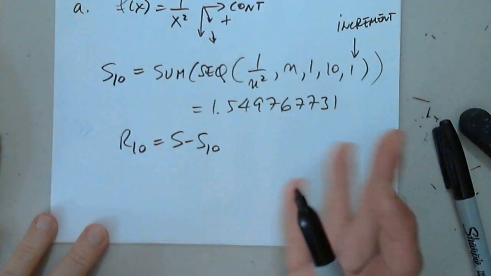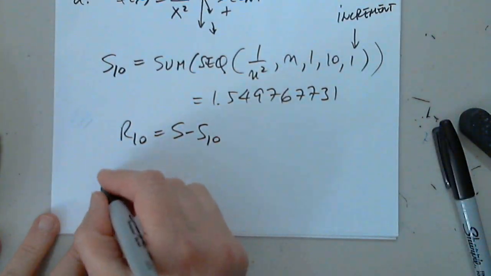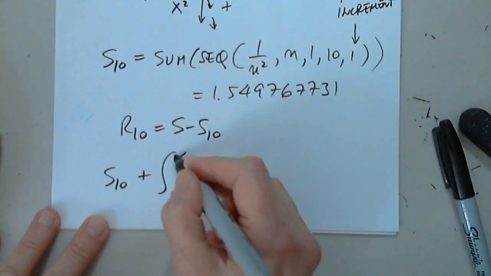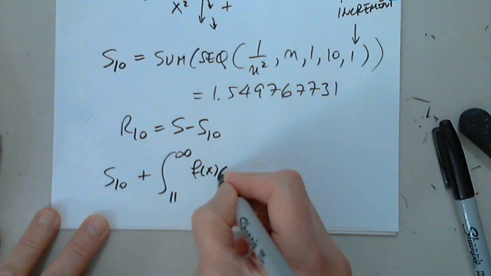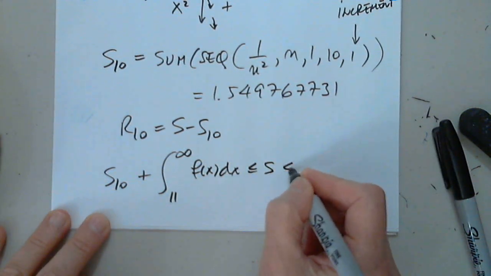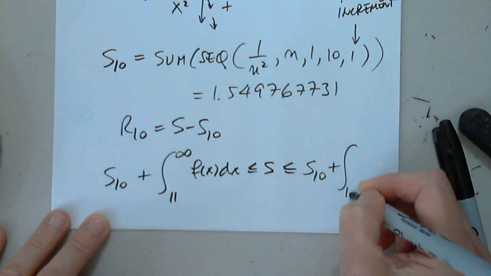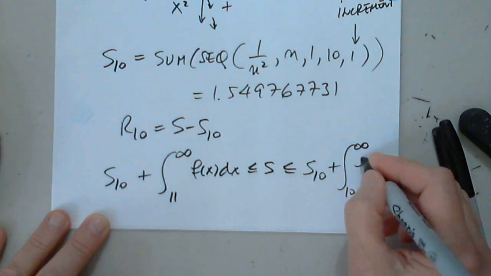If you remember from the beginning of this section, we have this estimate: the integral from 11 to infinity of f of x dx is less than or equal to S, which is less than or equal to S sub 10 plus the integral from 10 to infinity of f of x dx.